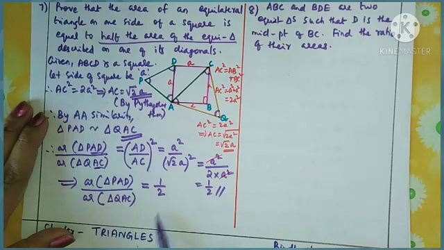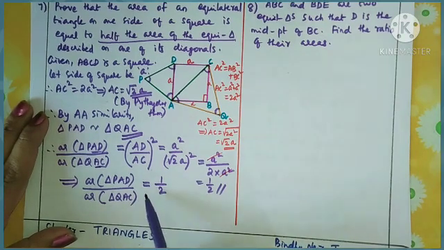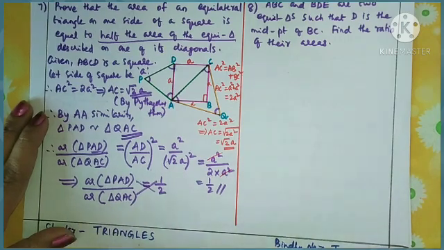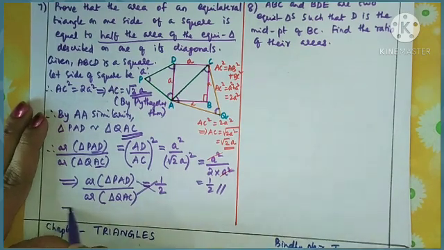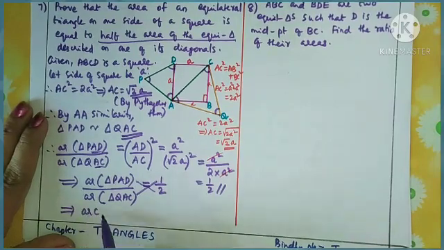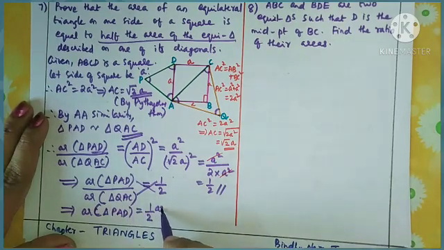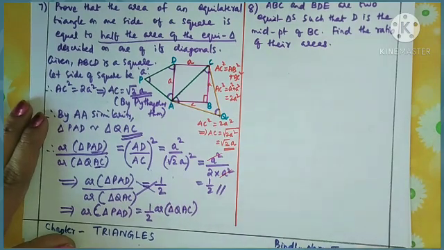Now you see in this result, if I am cross multiplying, what do you get here? This implies area of triangle PAD is equal to half into area of triangle QAC. Correct? Understand?